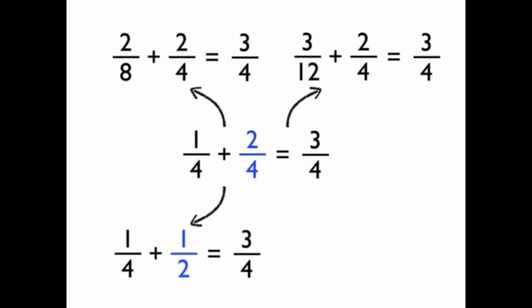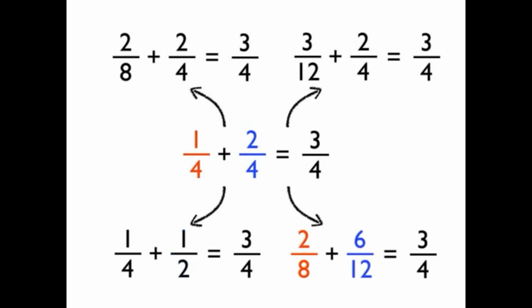In this bottom left example, I've just used an equivalent fraction for 2 quarters. I've changed that into 1/2. They're equivalent fractions, so they're the same size. So if 1 quarter add 2 quarters is 3 quarters, 1 quarter add a half must also be equal to 3 quarters.